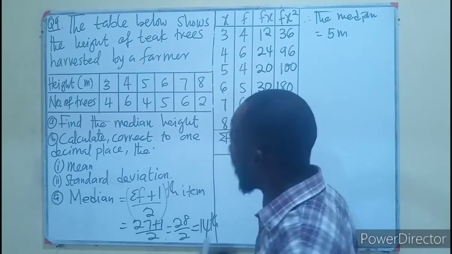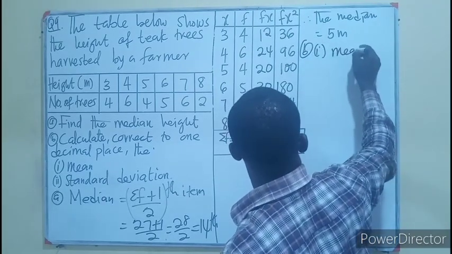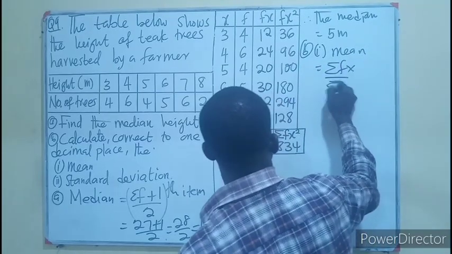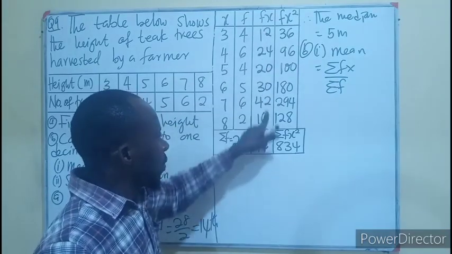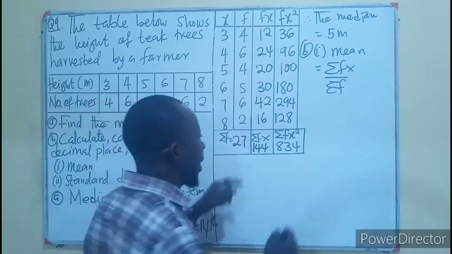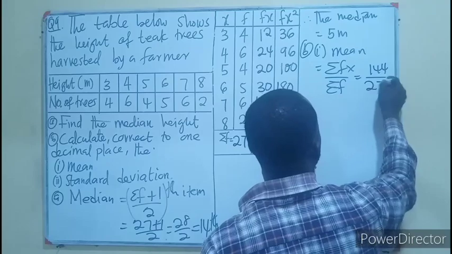Then for the B part, which is finding the mean, we know the mean is sigma fx over sigma f. The total of this over the total frequency.